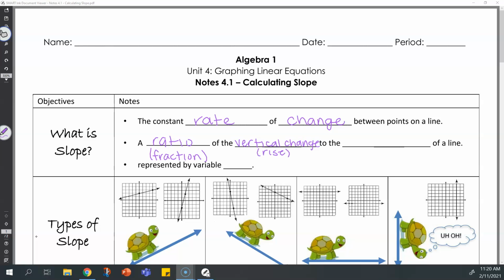And then we're comparing that to the horizontal change. Okay, that's how I move side to side as I go from the line. We frequently call that the run. Usually we use the variable m to represent the slope.